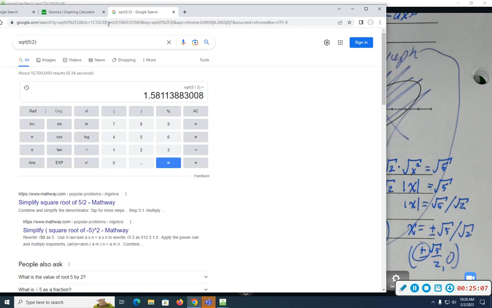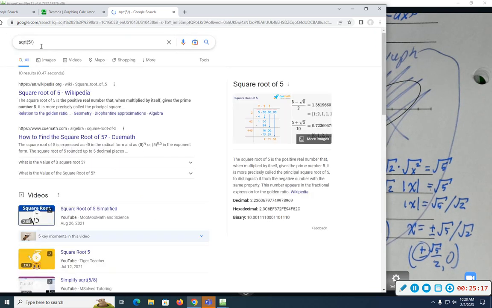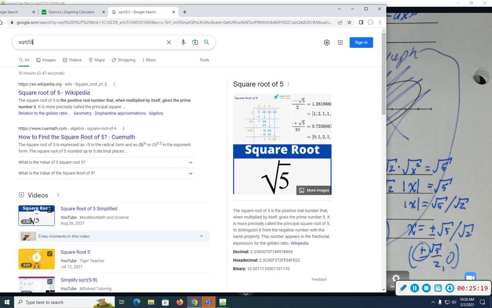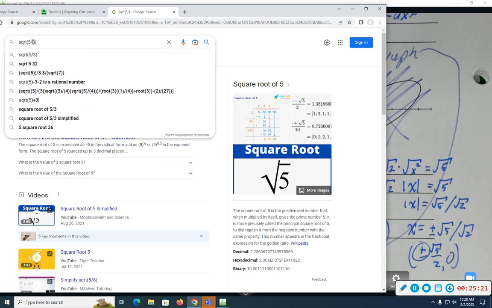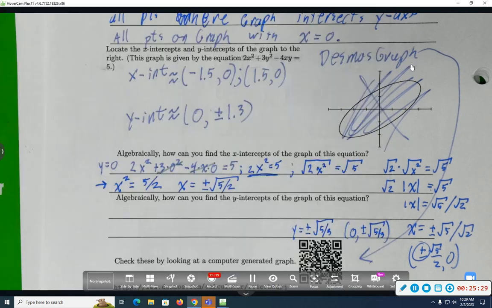Does that approximately agree with where we visually saw the intercept should be? Excellent. And the other one was division by 3. I hit 3, I swear I did. I didn't hit numlock. Does that about agree? Excellent. So I think I believe these now.